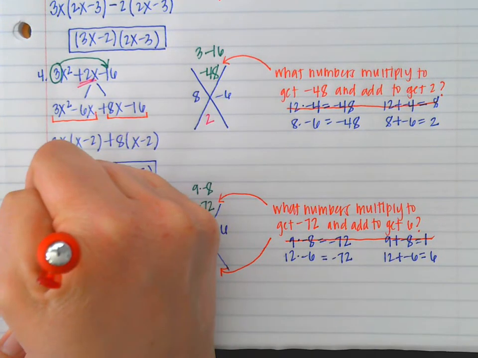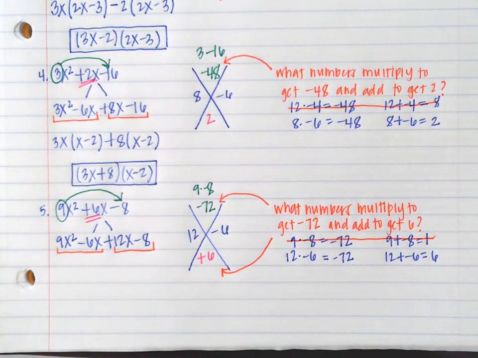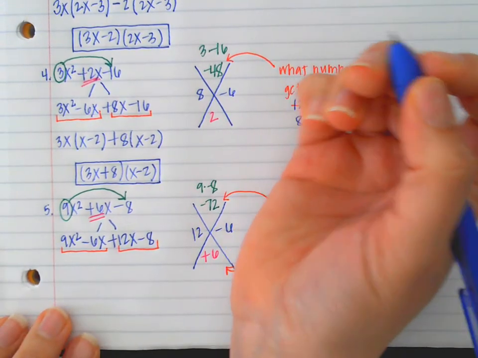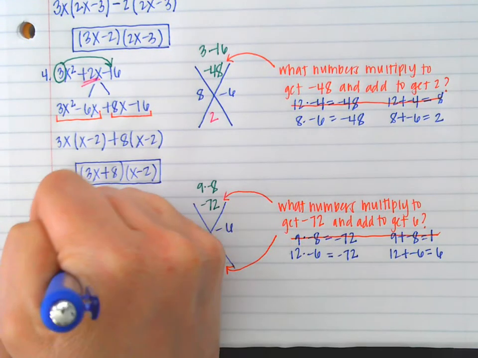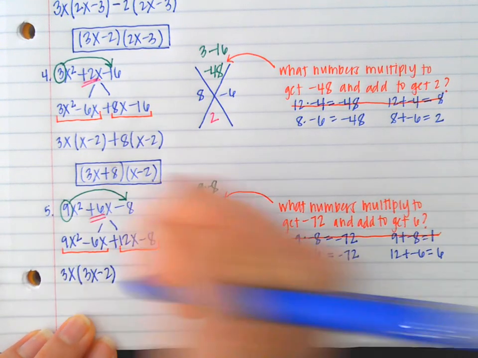And then I would factor by grouping. So what number goes evenly into 9x squared minus 6x? Well, we know it's not 6 because 6 doesn't go evenly into both 9 and 6. So we've got to go smaller. It's 3x. And I'm left with 3x minus 2.